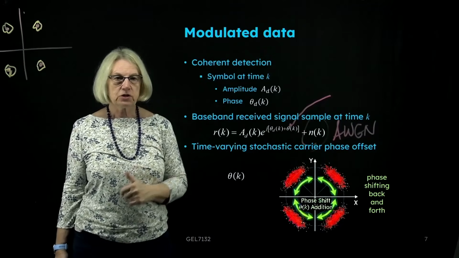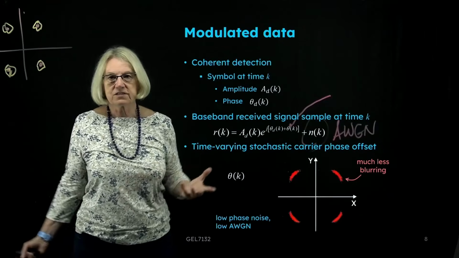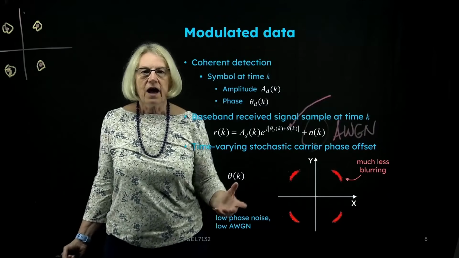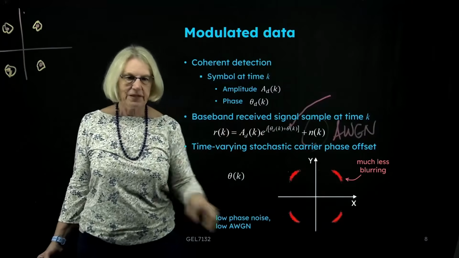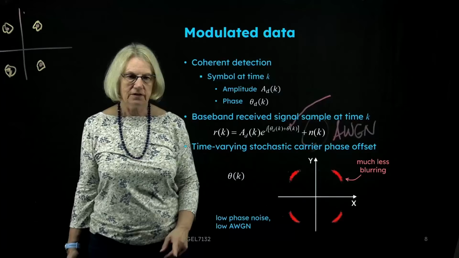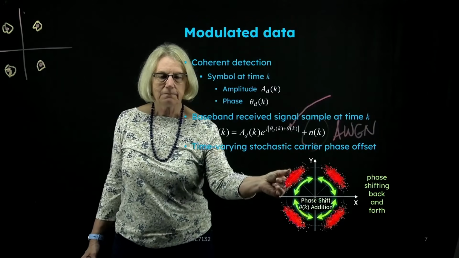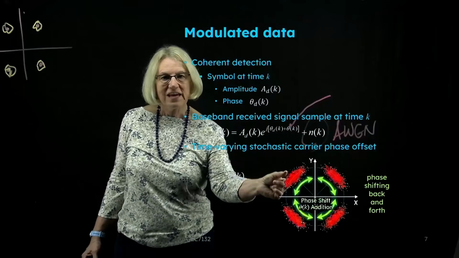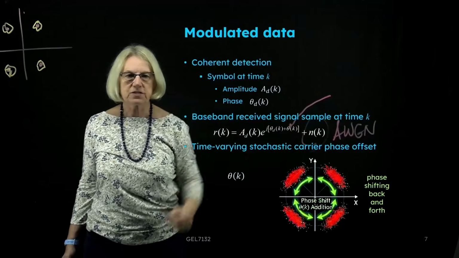So if I were going to look at a lower phase noise system, I would look at something that has much less blurring in the angular domain. In this example, I've modified both the AWGN and the phase noise. So you can think of the width here as being associated with this additive white Gaussian noise process.